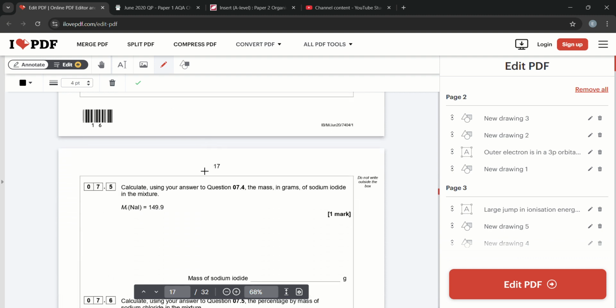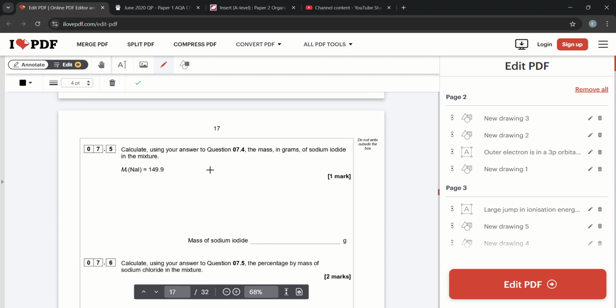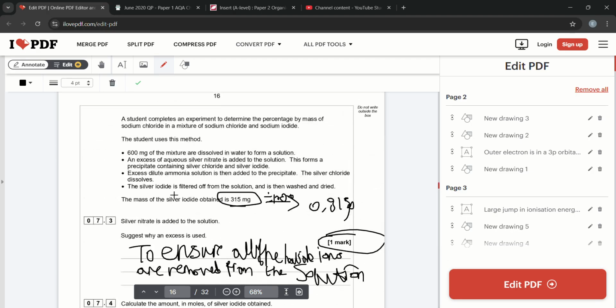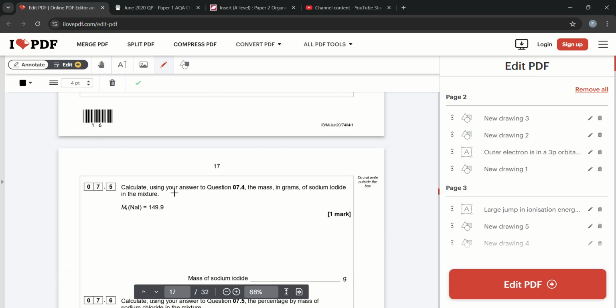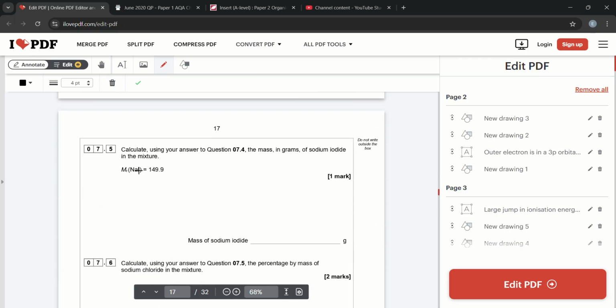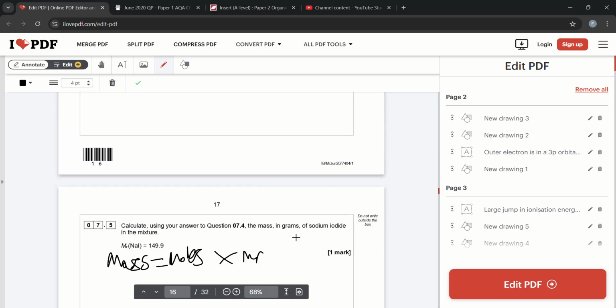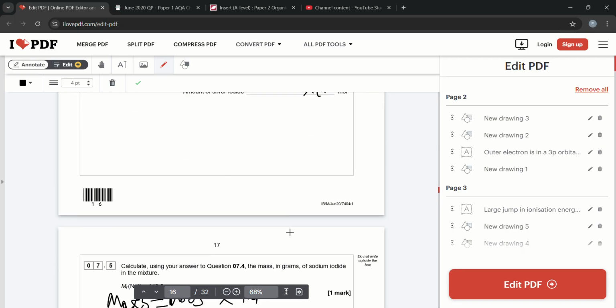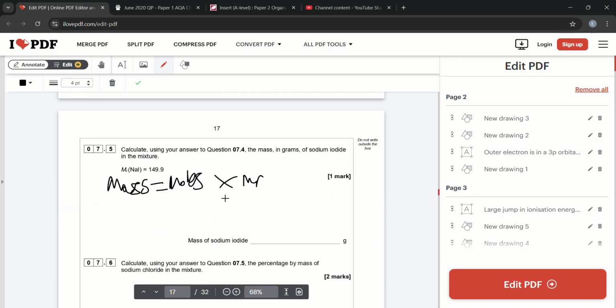7.5. Calculate, using the answer to question 7.4, the mass of sodium iodide in the mixture. Well, moles is mass over Mr, so mass is going to be moles times Mr. Sodium iodide and silver iodide have a 1 to 1 molar ratio.